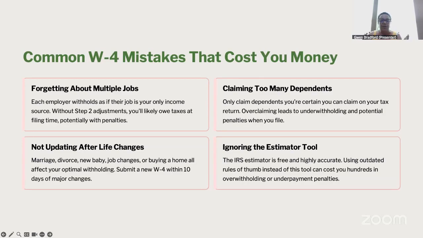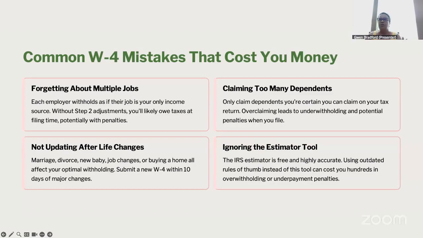And also it's very important on the W-4 that you make any adjustments to it if you have a life changing event. If you have a baby, that's the credit. You can get the child care credit, which is $2,000 per child that is under 17.